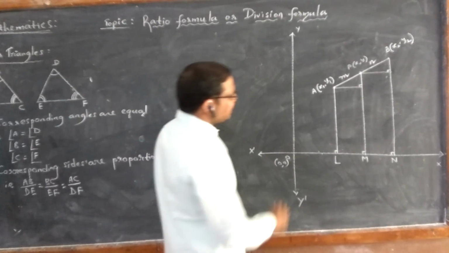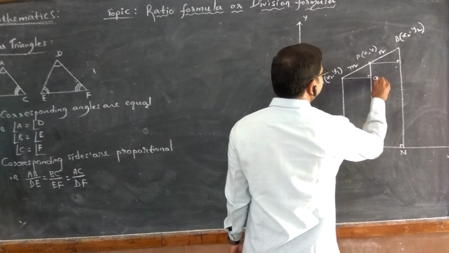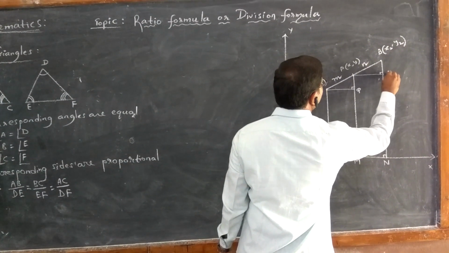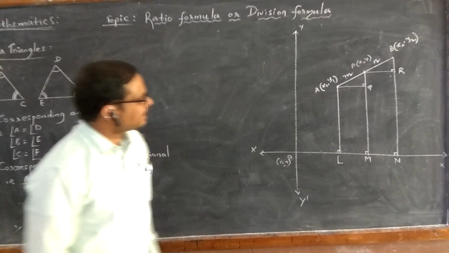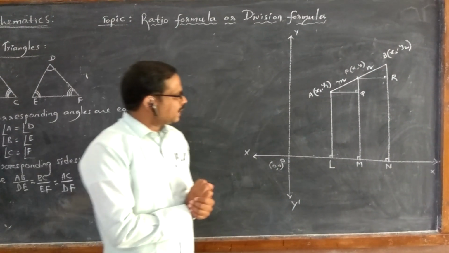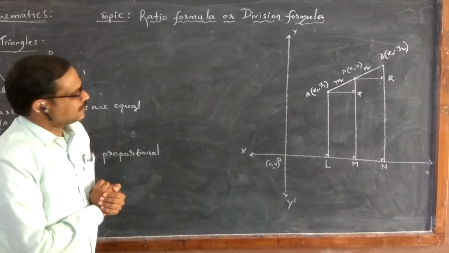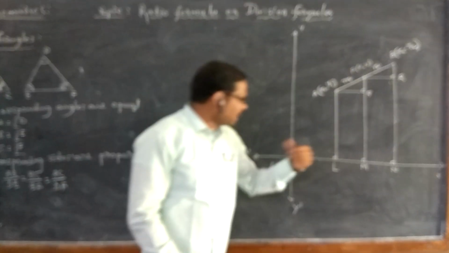Let me take this as Q and this as R. Yesterday, in the previous class, I told you about these coordinates.